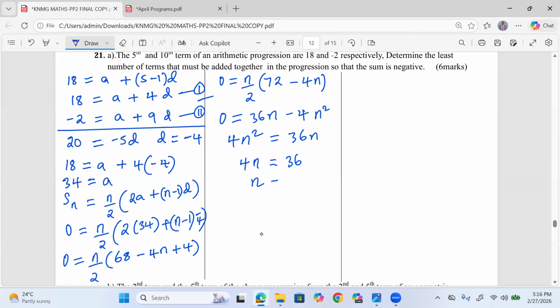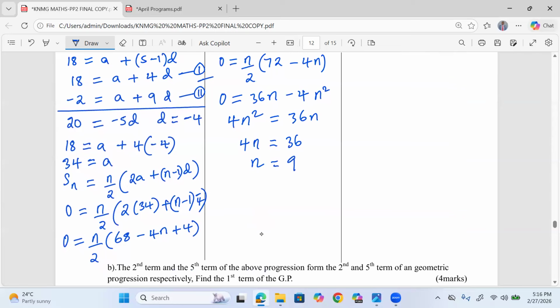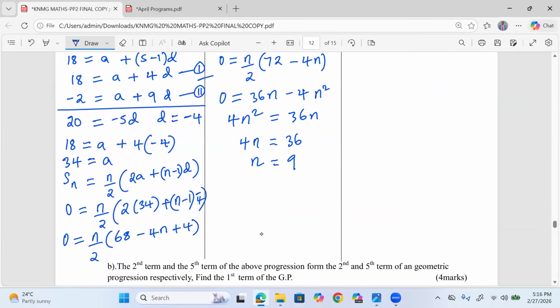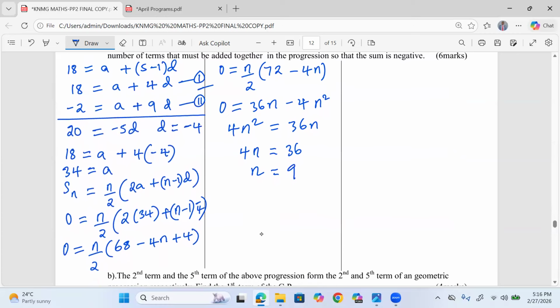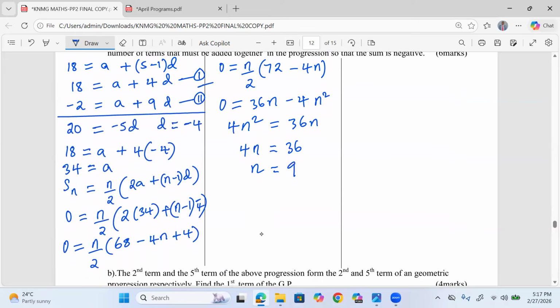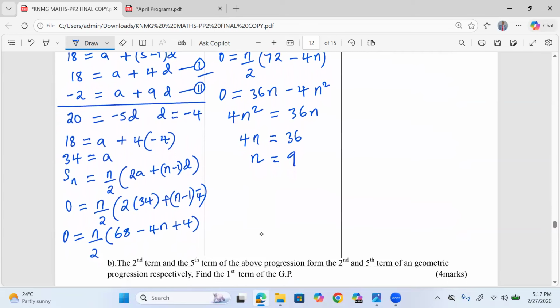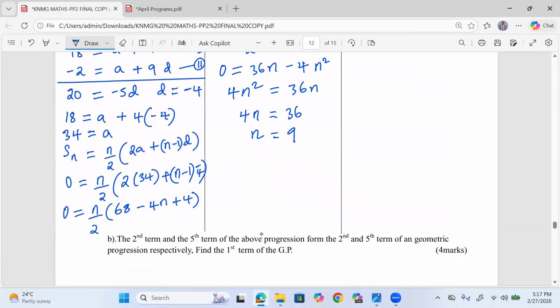How do you get the value of n? By simply dividing by 4. I hope that part is properly multiplied. Okay, so the value of n is 9.